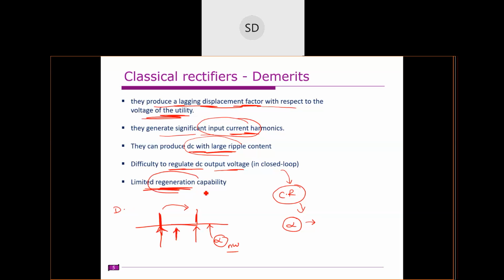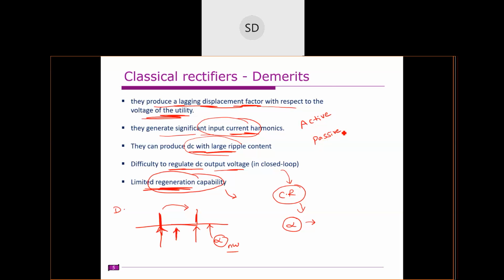Regeneration, you know, is when you feed the power back to the source. If you want regeneration, the load must be active. Generally, there are two types of loads: active load and passive load.